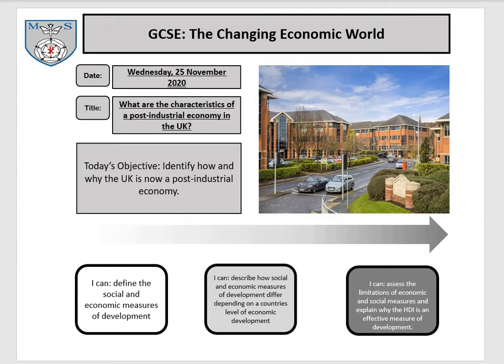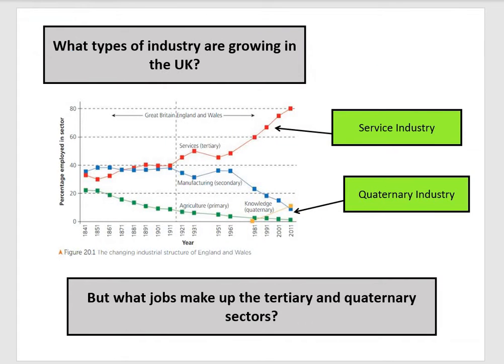So industrial is the factories, the shipbuilding, the steel works, and this word post means after. So it's kind of like saying after industry. If we have a little look at this graph, it's the kind of idea that you're really used to seeing, where we've got these changes in industry, where we are seeing the reduction of the primary and the secondary, so the reduction of things like farming and people working in factories.